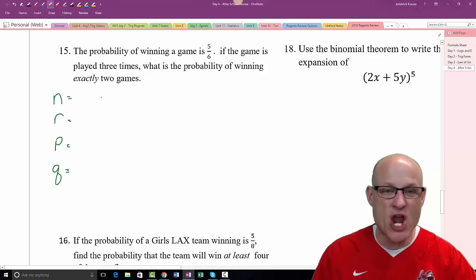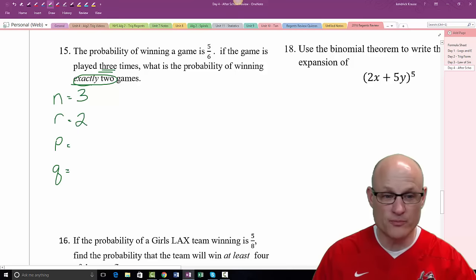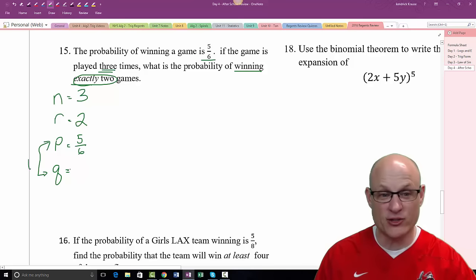N stands for the number of events. So in this case, we're going to play 3 games. I want exactly 2 games. So R is 2. The probability of winning is 5/6. These two things always have to add up to 1, because P is the probability of the thing happening, and Q is the probability of it not happening, 1/6.